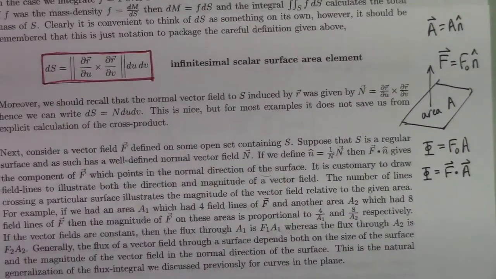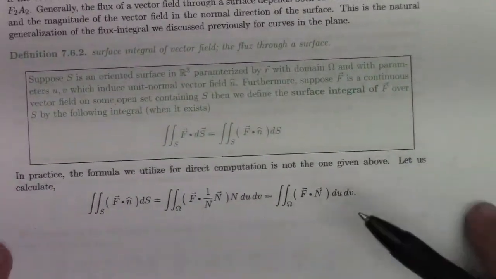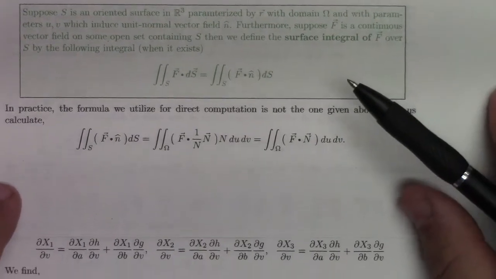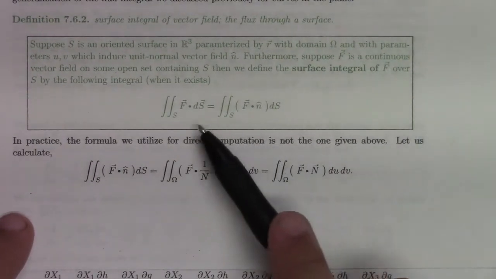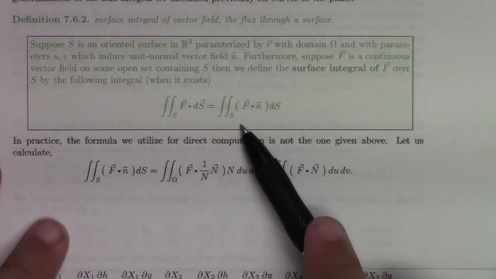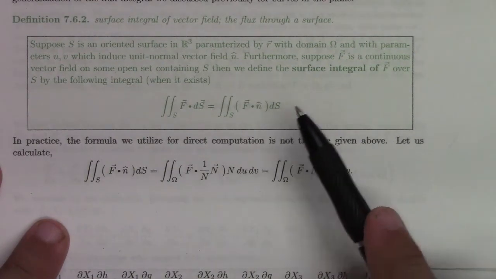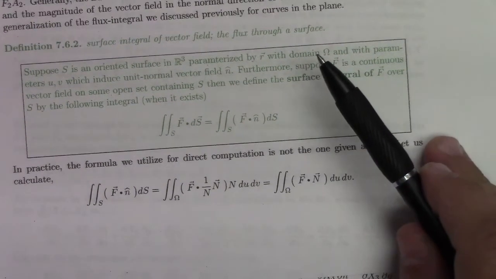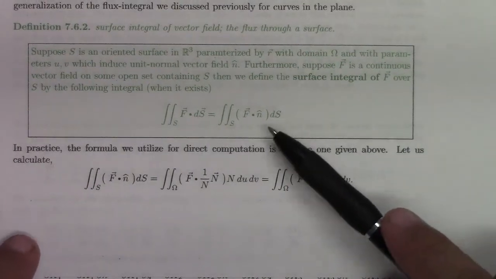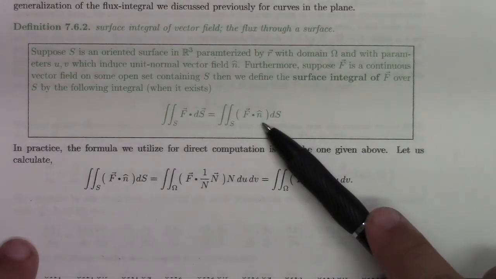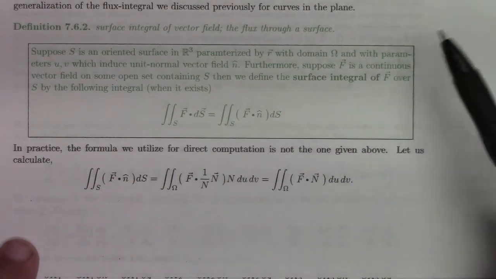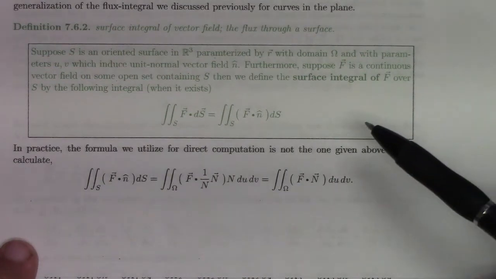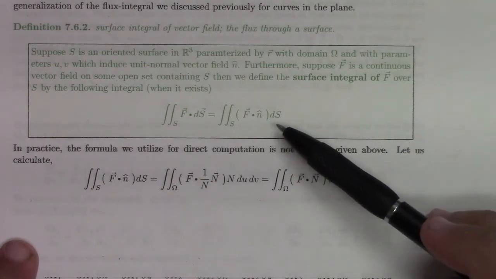Now, this is the formula I just verbalized. The flux of the vector field through a surface is the surface integral of the normal component of the vector field, where the normal lines up with the surface. That's the geometric definition of the surface integral.